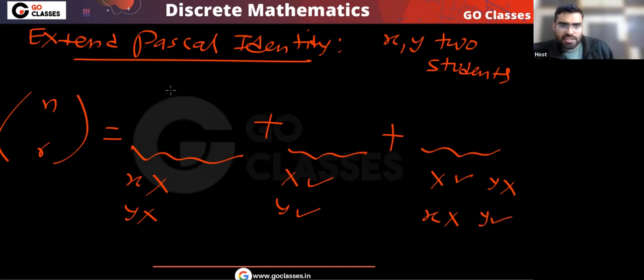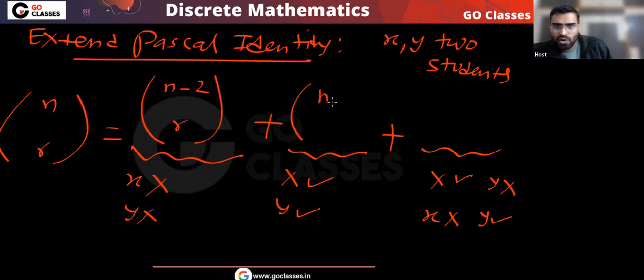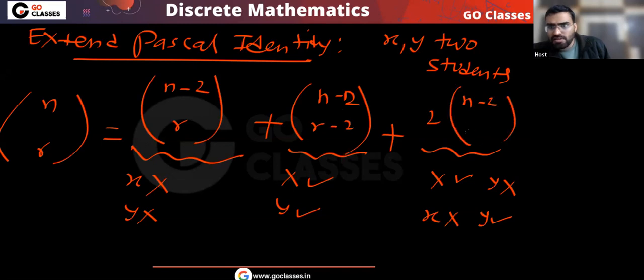So here you can notice that from the n-2 students, you will select R students. Here from n-2 students, you will select R-2 students. And here twice, from n-2 students, you will select R-1 students. Is this clear to everyone? So this is how you can extend the Pascal identity. So this is another identity you can notice.